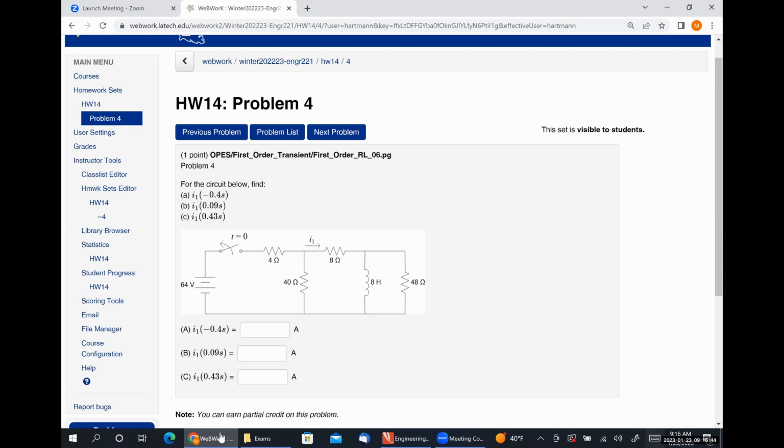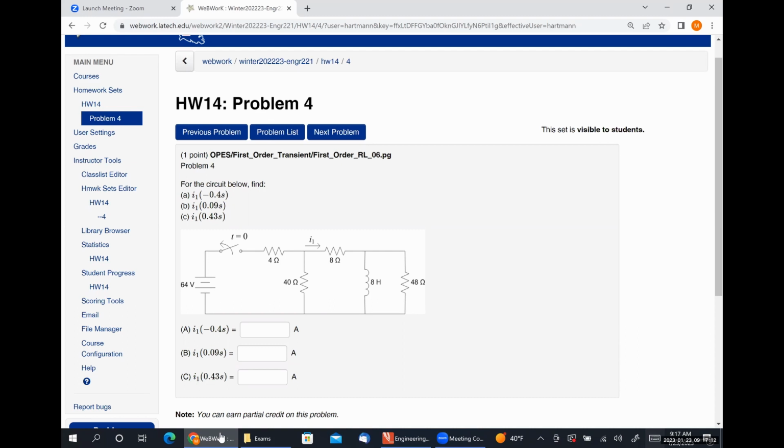But when you go into DC steady state, wouldn't that 48 ohm resistor cancel out as well? Yeah, the 48 ohm resistor is going to be shorted. So I'm saying if you do a source transformation, you're going to have 64 over 4. What is that? 16. So 16 amps in parallel with 4 ohms, in parallel with 40 ohms, in parallel with 8 ohms, and then you just figure out how much flows through the 8 ohm resistor.